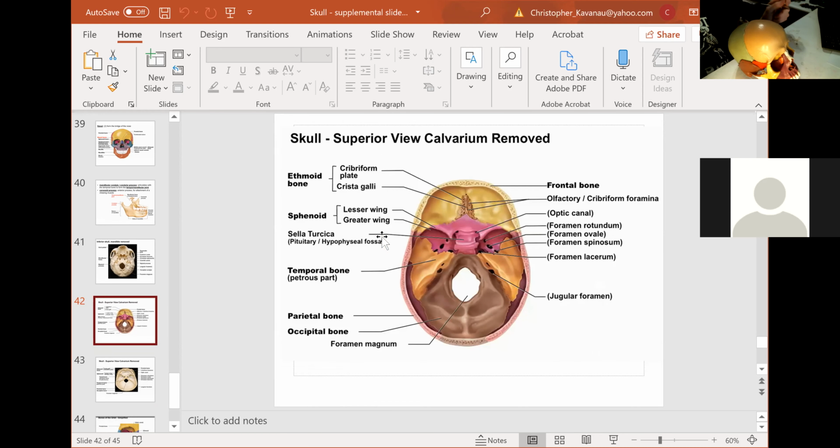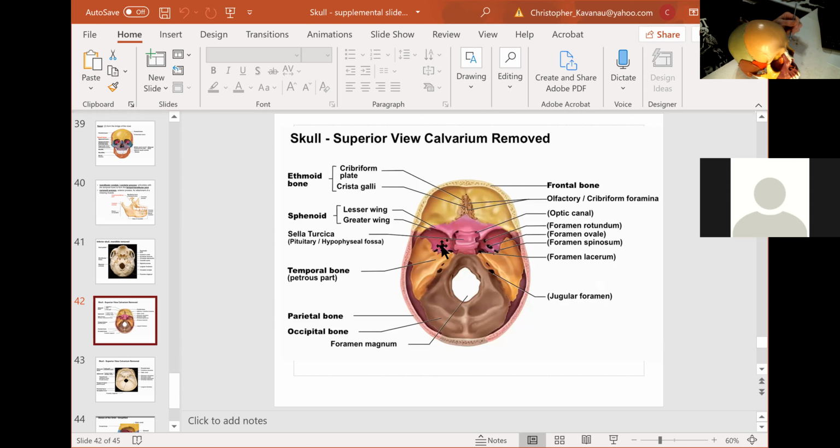In the cartoon here, we're now looking at a decalvarated skull. We'll review the structures we've been talking about. In brown here, this is the occipital bone. The yellow here is the frontal bone. And pink here is the sphenoid. We only have one of those, one occipital bone, one frontal bone.